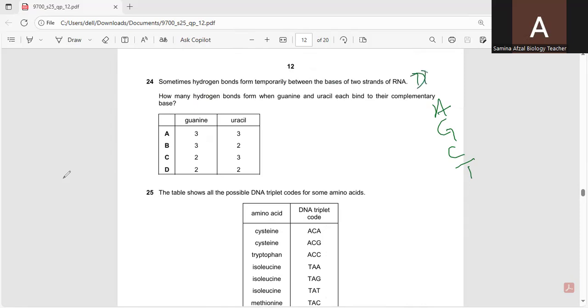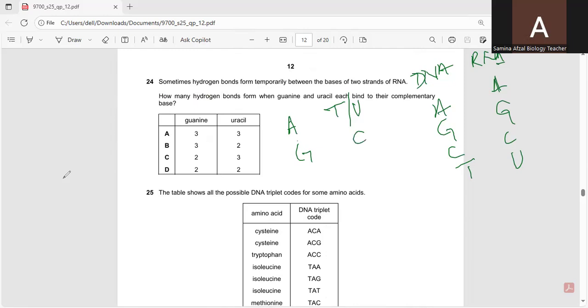In RNA, thymine is replaced by uracil. So adenine always pairs with thymine, or here uracil, and guanine will always pair with cytosine.